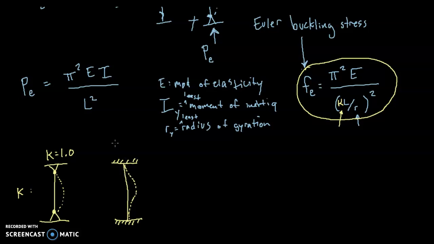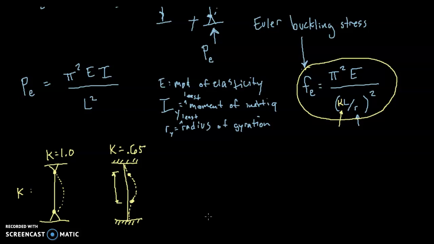That is going to result in a shorter distance between these inflection points where the curve changes direction from curving to the right to curving to the left. And so that shortened height leads to a K value of, I'm just going to give you the recommended value for design. Theoretically, it should be 0.5, but for design purposes, we want to use a K value of 0.65 for when we have a fixed column.